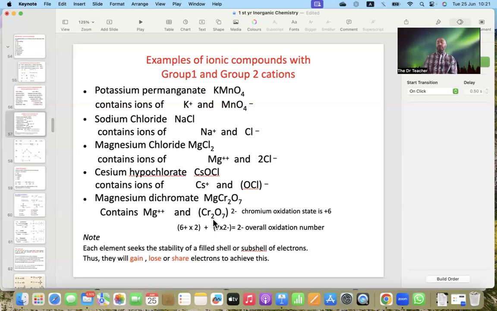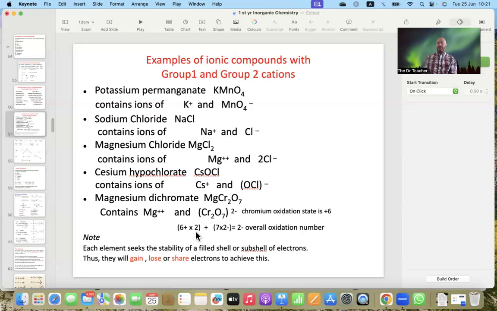If we know how -2 appears here, we can come inside and see in another way. 2 chromium, the oxidation state of the chromium is +6.